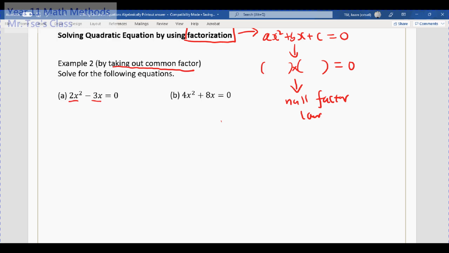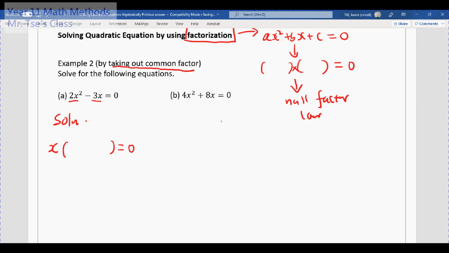They are not two factors, they are two terms because there's a minus sign between them. So the first step is to try to factorize them. Can we factorize them? You see the only common factor between the two is x. So let's just move x out, because x is the only common factor.